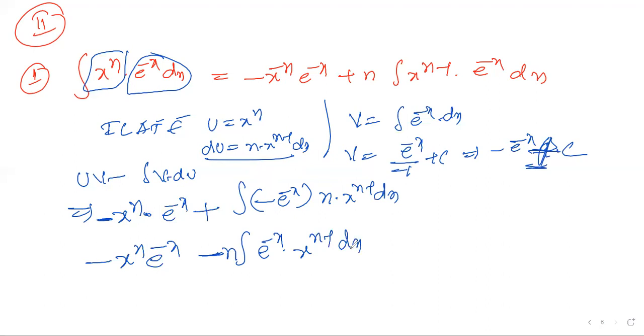So the final answer is minus x power n into e power minus x plus n into integration x power n minus 1 into e power minus x dx. Already it is minus into minus, I forgot to write it; minus into minus becomes plus now. Clear? So then you got the proof because this is the RHS.